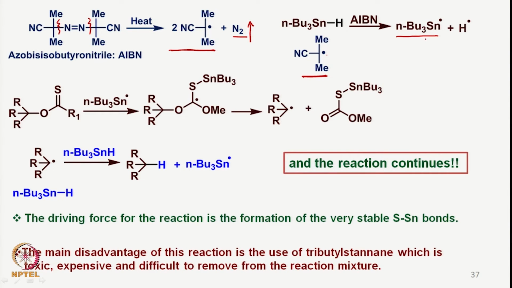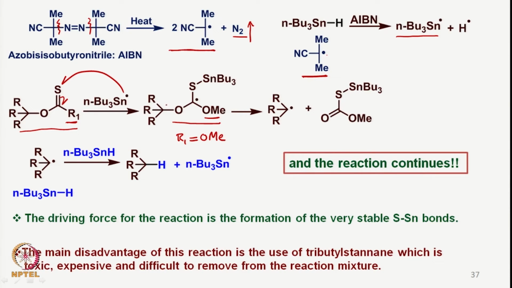Now this tributyltin radical then reacts with the thiocarbonyl compound in this particular fashion, and generates an intermediate of this kind, where R1 is O-methyl.